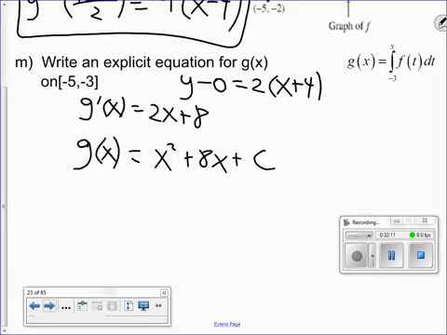Look at values for g that we found. Okay, we know what g of -5 is, so we'll use that point. Do you remember what we got for that? That was 0. So you could have used g of -3 equals 0 also. That's a good one. Now, what goes where? I've got a 50-50 shot. What's in here is the x. So the -5 goes into the x. The 0 goes into the g of x.